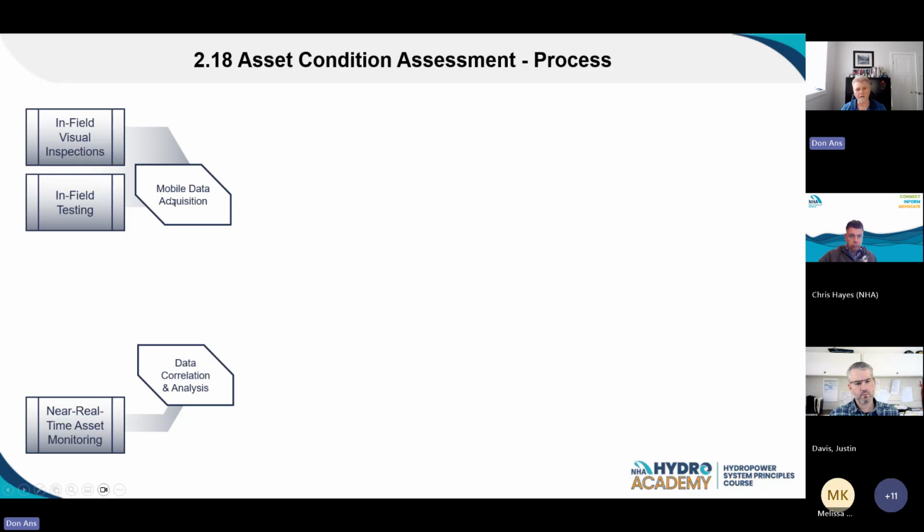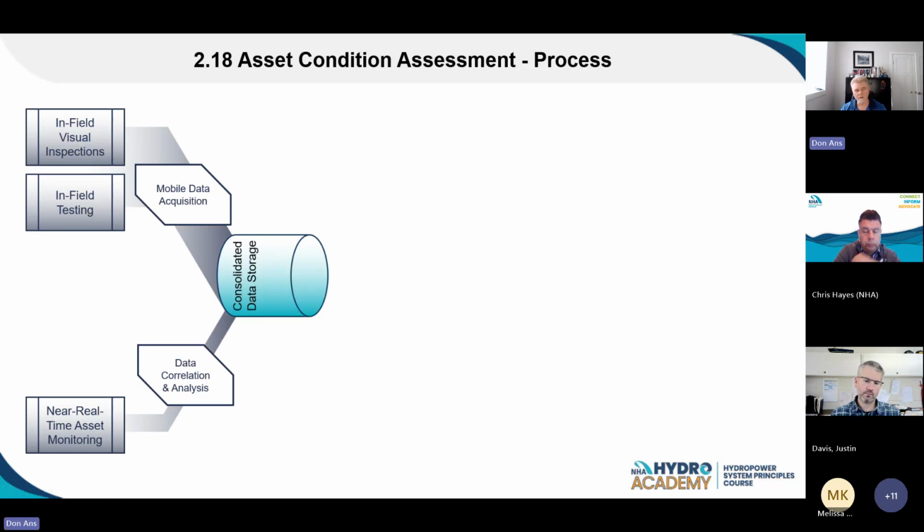So you'd have a tablet when you're doing your inspections, where you're recording the data. There's also a lot of companies that still use paper in the field, and then they would be putting it into a system where it can be analyzed. Or of course, for the near real-time asset monitoring, it would go to a data system like Pi.